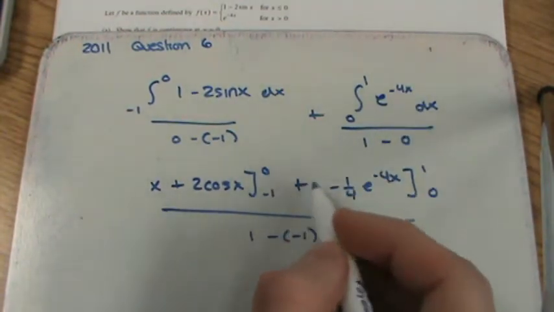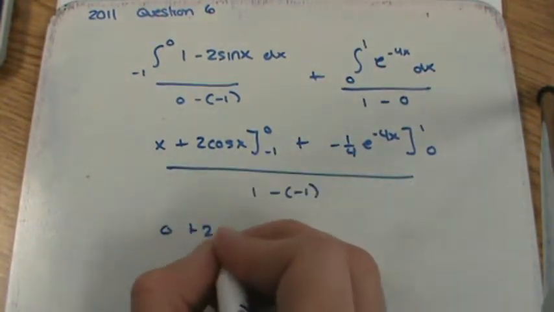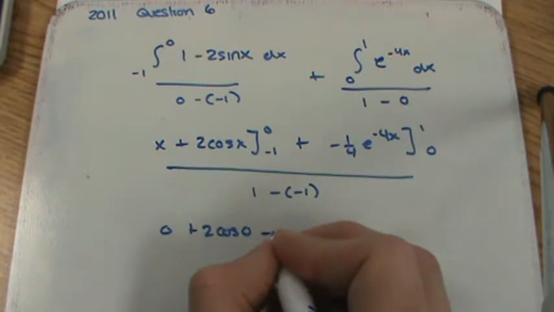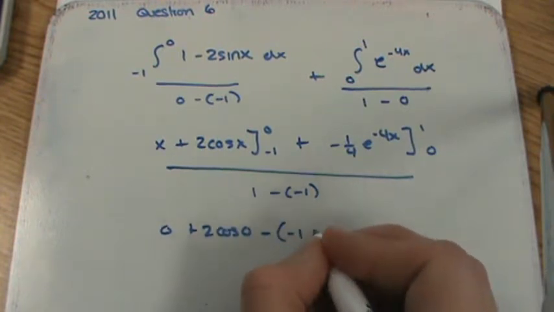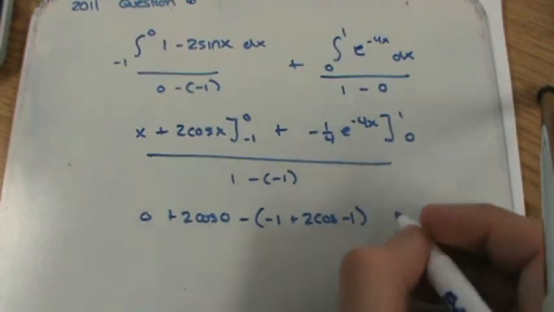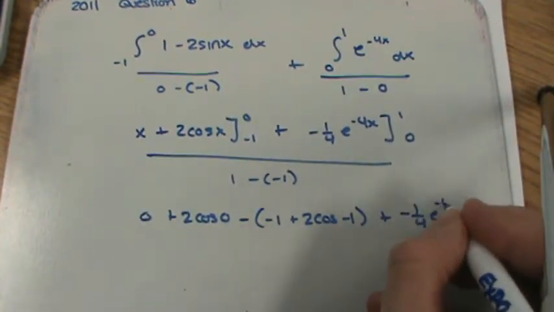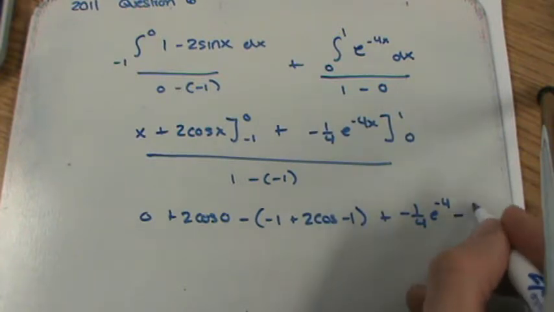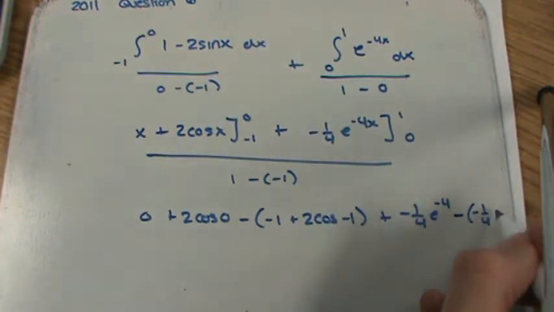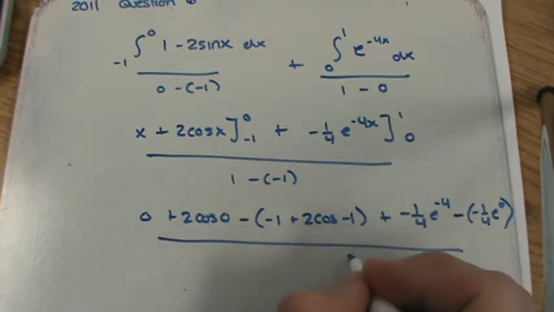All right. And so if I plug these in, I get 0 plus 2 cosine of 0 minus -1 plus 2 cosine of -1, and then plus -1/4 e to the -4 minus -1/4 e to the 0 power. And this would all be over 2.